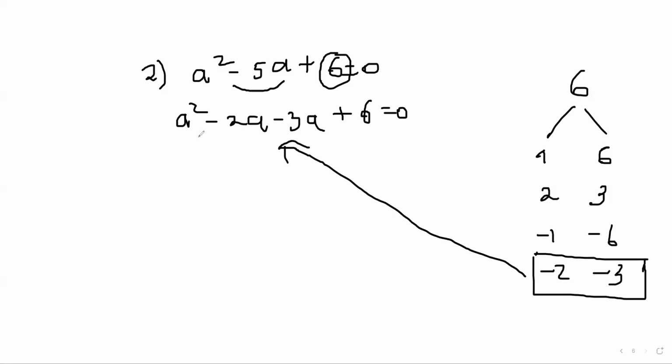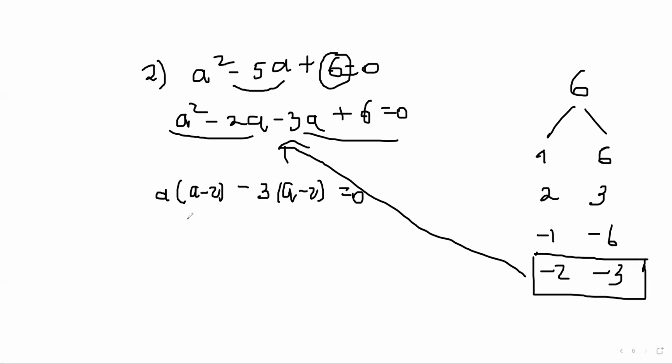So what we do here, we group again. From these two, we factor out a. It's going to be a times (a minus 2) minus 3 times (a minus 2) equals 0. You can see a minus 2 is the common factor again. So (a minus 2) times (a minus 3) equals 0.